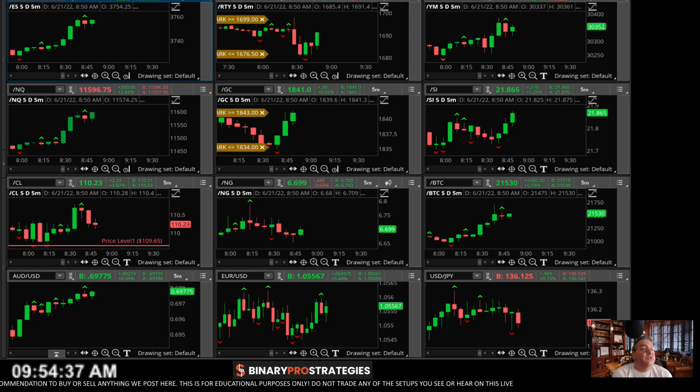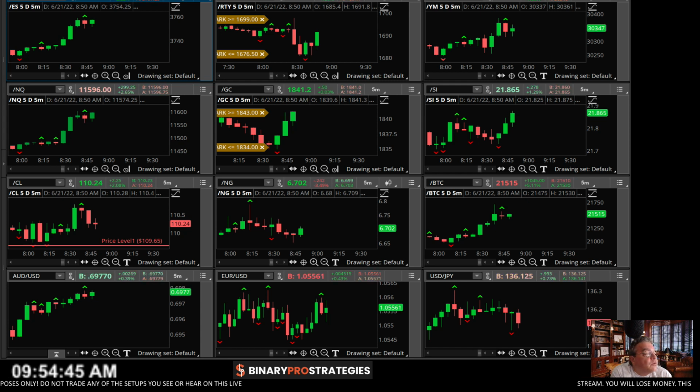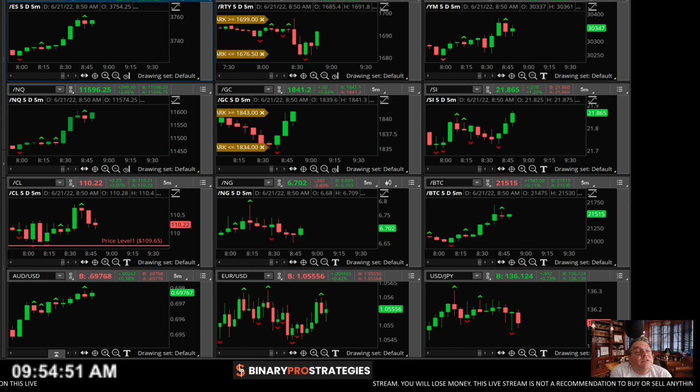You can use these on stocks. If you like to trade commodities, if you like to trade beans or pork bellies or cattle, it could be used on that as well. I do like the indices quite a bit. I do like some of the commodities. And of course, I do like some of the currency pairs.